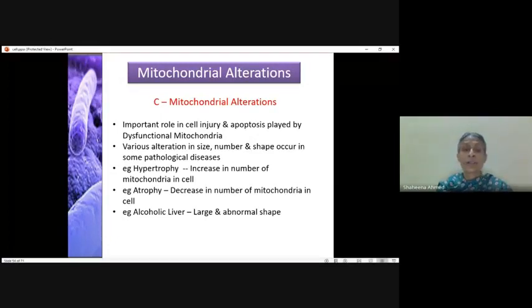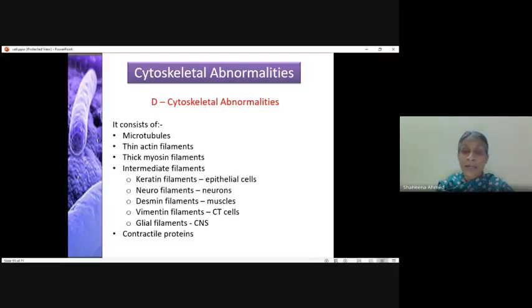Mitochondrial alterations, again, hypertrophy, atrophy, all of these things you will see in your mitochondria. Cytoskeletal abnormalities, again, the structures which the cytoskeleton forms are the microtubules, then actin filaments, myosin filaments, then the intermediate filaments.